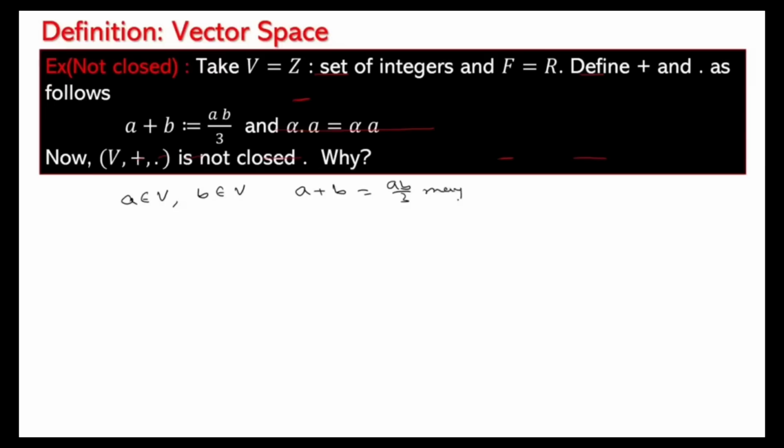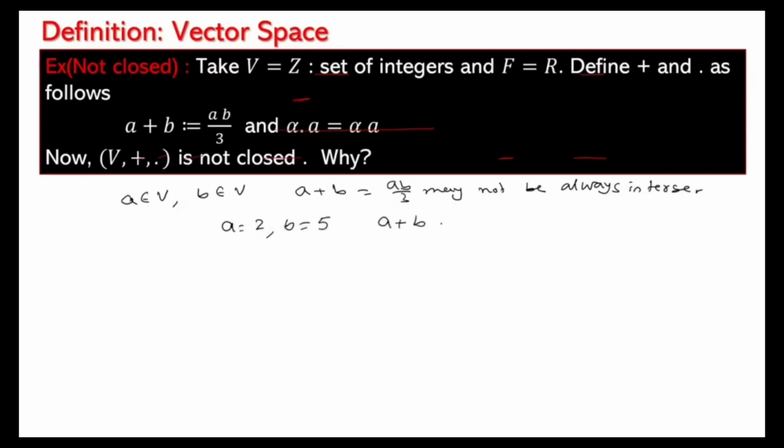For example, let A be equal to 2 and B be equal to 5.